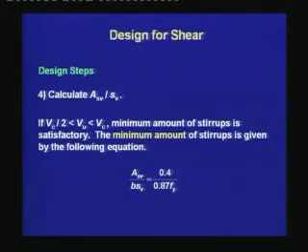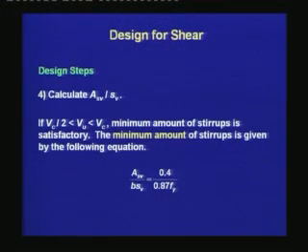The minimum amount of stirrups is given by the following equation, which is Asv divided by b Sv is equal to 0.4 divided by 0.87 fy. This equation is based on the concept that the stirrups have to have a stress of minimum of 0.4 Newton per millimeter square. This is the expression to calculate the minimum amount of stirrups and the spacing, which is given as the ratio Asv divided by Sv.